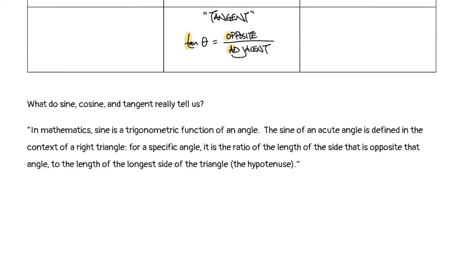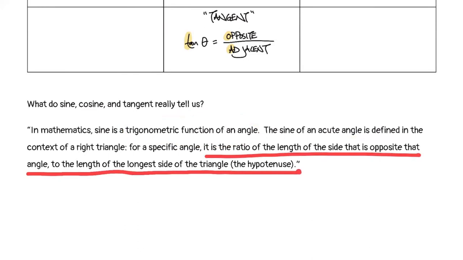All right, what do sine, cosine, and tangent really tell us? They are functions, that's true. But in mathematics, sine is a trigonometric function of an angle. The sine of an acute angle, because we're only working in a right triangle, is the ratio of the length of the side opposite that angle to the length of the longest side of the triangle, or the hypotenuse.